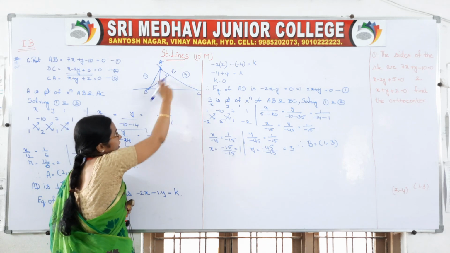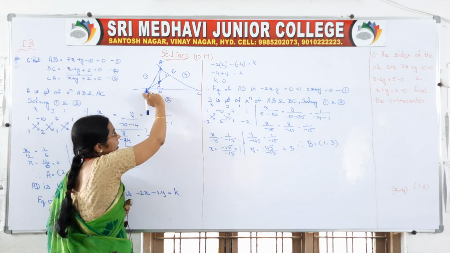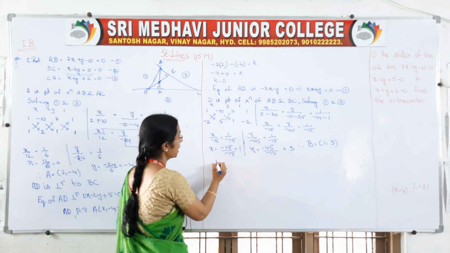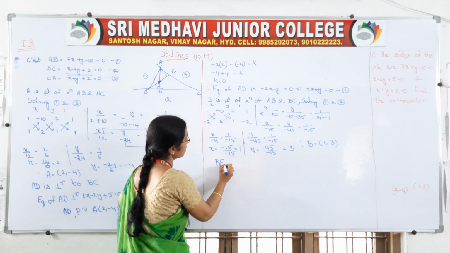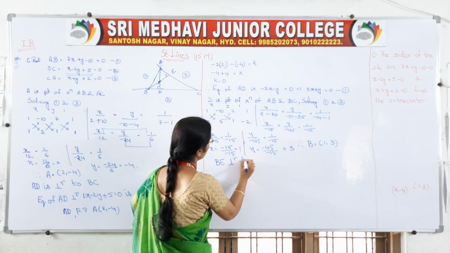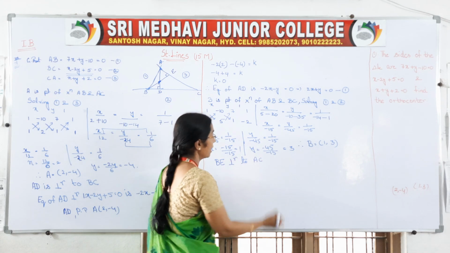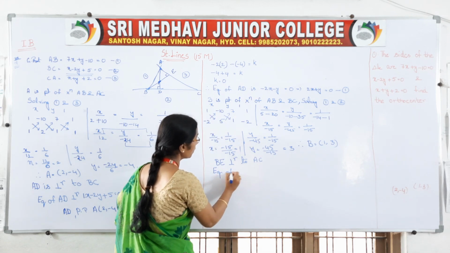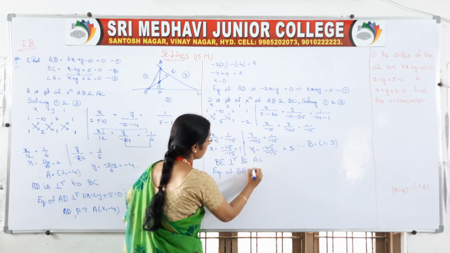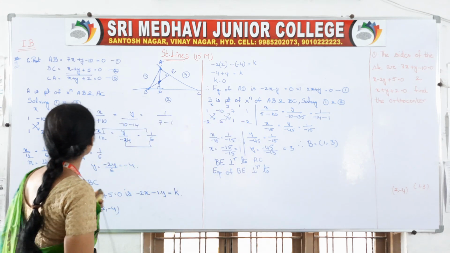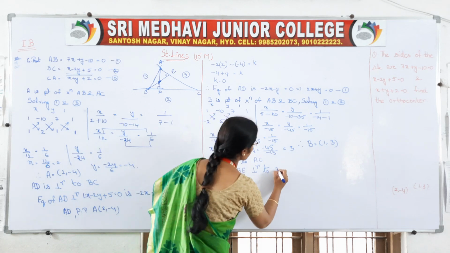So we need the equation of BE, and BE line is perpendicular to AC. So BE, what is this? It is altitude. BE is perpendicular to AC, right? So equation of BE perpendicular to AC. So AC is third equation. What is that equation?